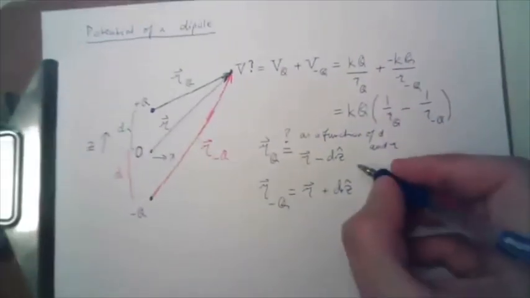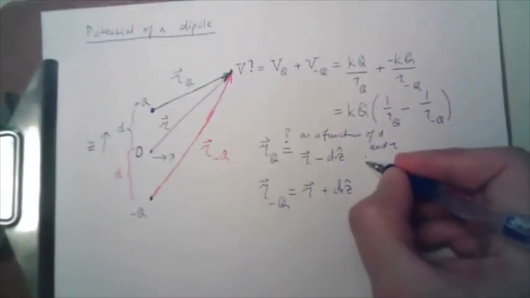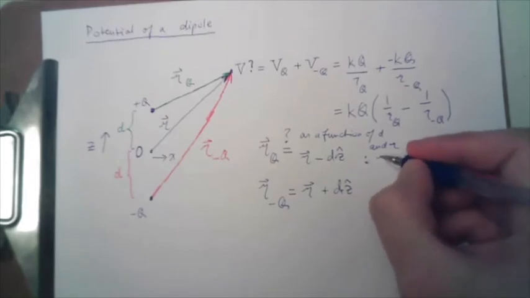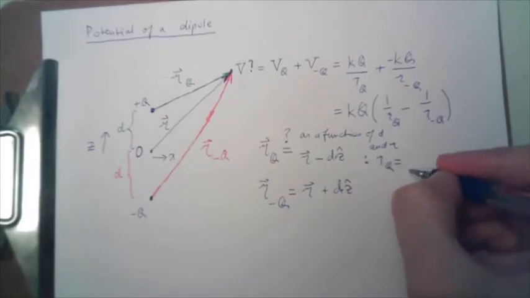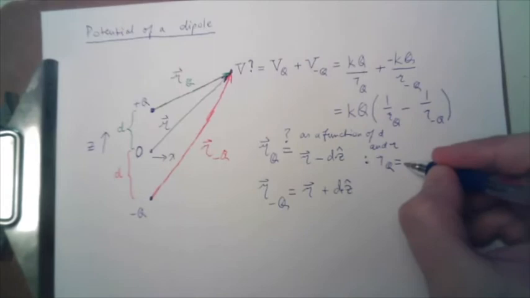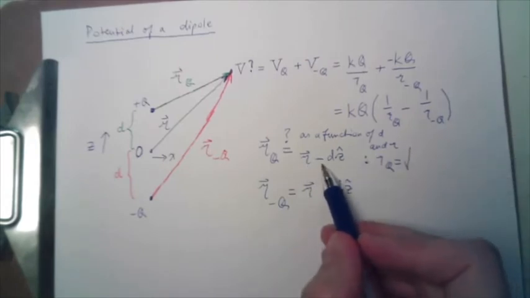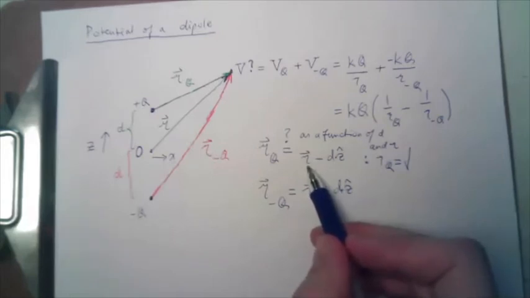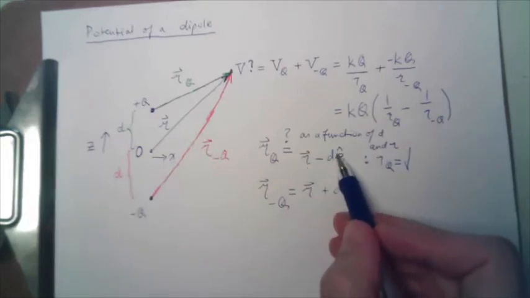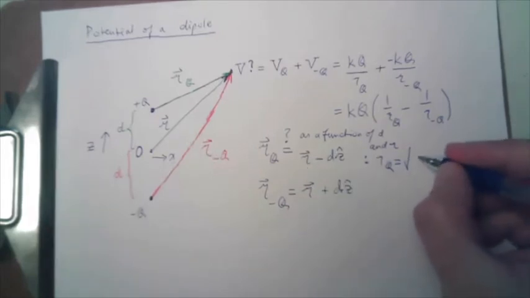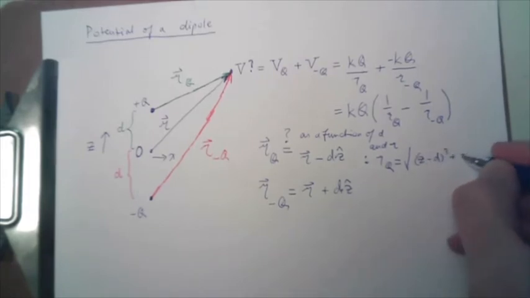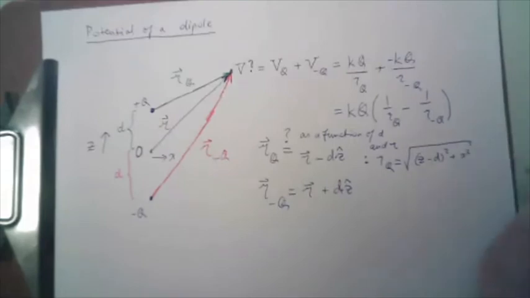So therefore the length of RQ is just the R vector, which has an X and a Z component, but the Z component is smaller by D. So it's going to be (Z minus D) squared plus X squared.